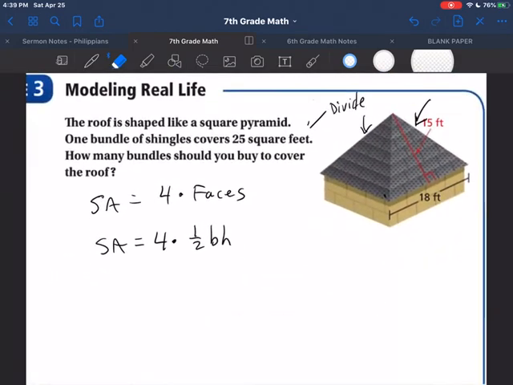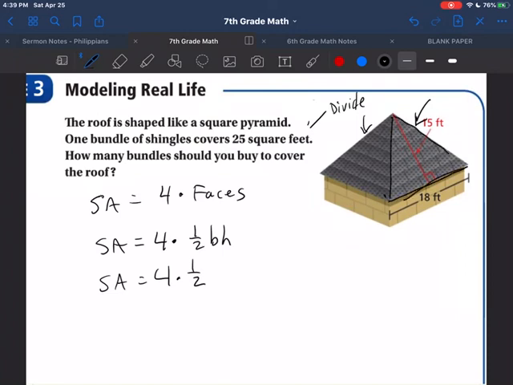So anyway, very simply, let's finish this up. Surface area is equal to 4 times 1/2 times the base of this. We're going to look at just this triangle right here. I'm going to outline it. The base is 18. The height is this one connected to the right angle, which is 15.